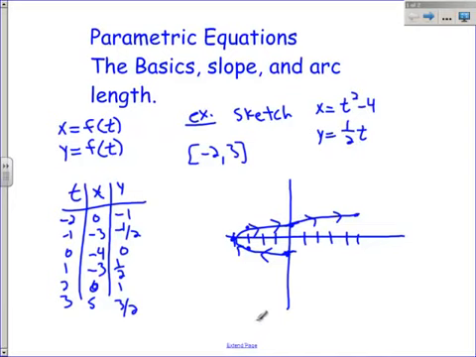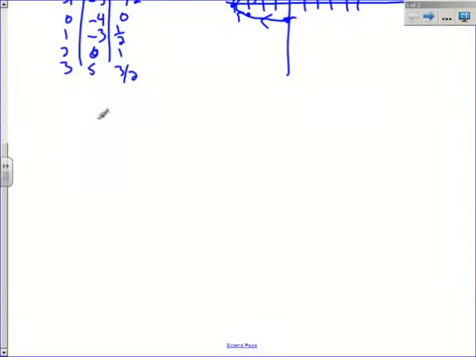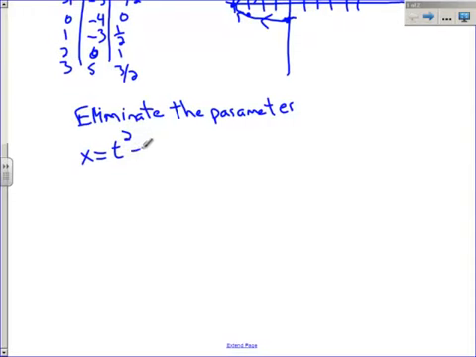Okay, we can also do something called eliminate the parameter to get it into something that you are more used to. Eliminate the parameter. And the parameter means get rid of t and put it in x's and y's. So we had our equations x equals t squared minus 4, and y equals 1/2 t.